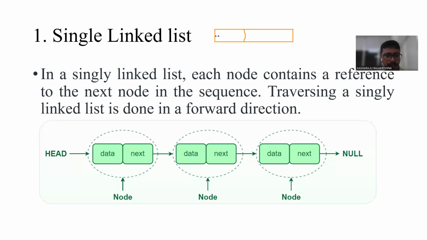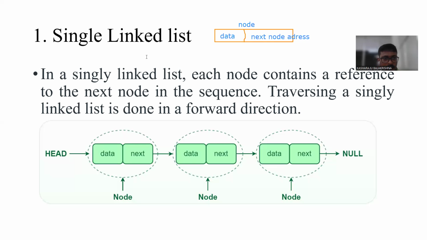Here this is called the data part, and this one is called the next node address.